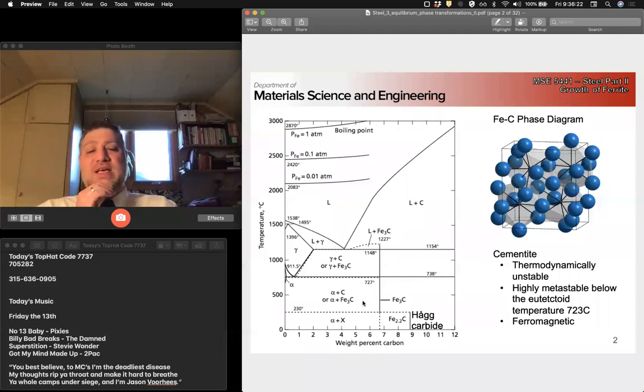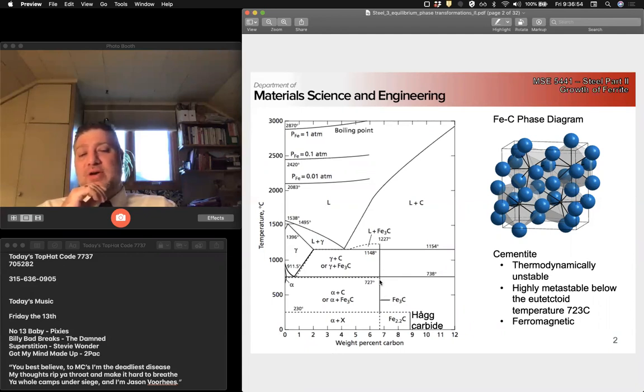When we come down, now we get, in this case, a carbide, a ceramic structure, where the bonding is not primarily metallic, but primarily ionic or covalent. And intermetallics typically form with a distinct stoichiometry, right? So in this case, it's iron 3 carbon.